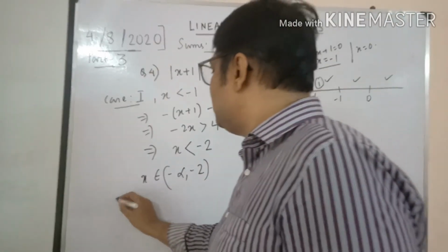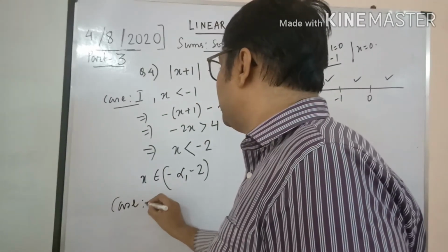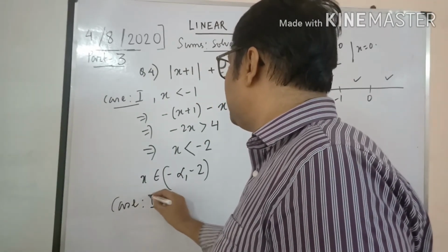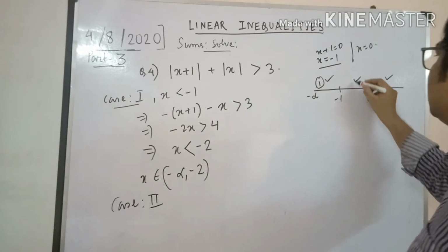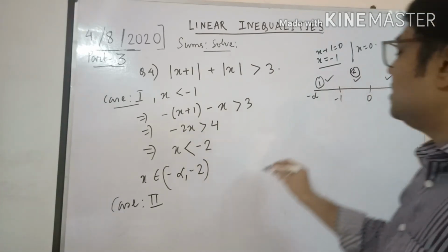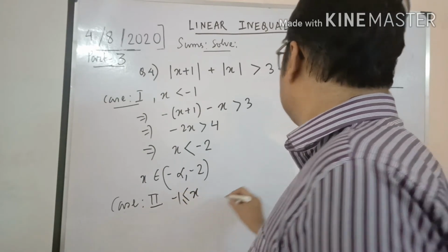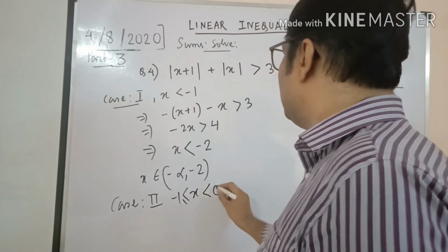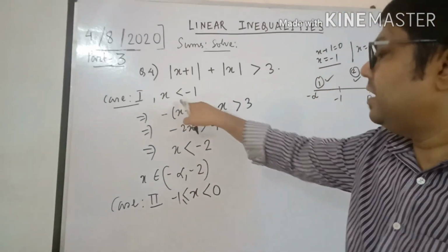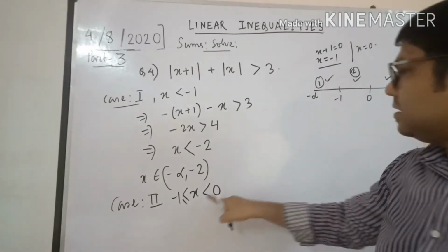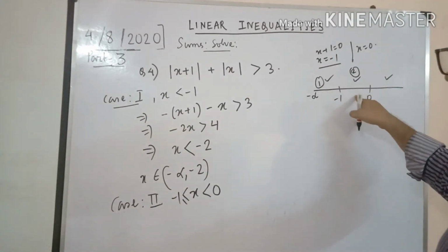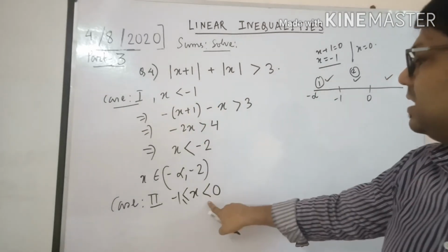Now case 2: that means it's within this part. So x is greater than or equal to minus 1 and lesser than 0. One thing you must note is that whenever I write x in an interval, I write lesser than minus 1, lesser than 0, like that.